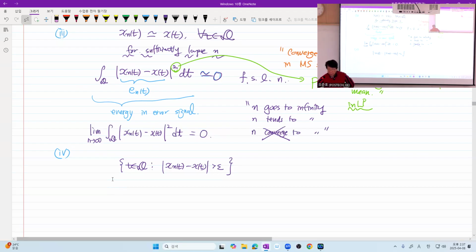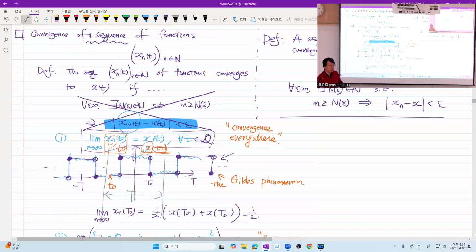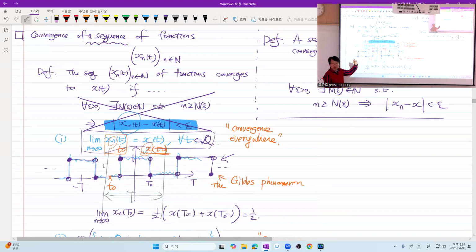So in this example, you choose some positive epsilon, and you move that interval plus epsilon and minus epsilon with reference to the original periodic function, and check whether at some point t, this approximate signal goes out of the boundary, right?